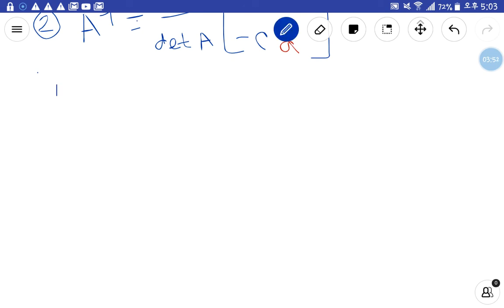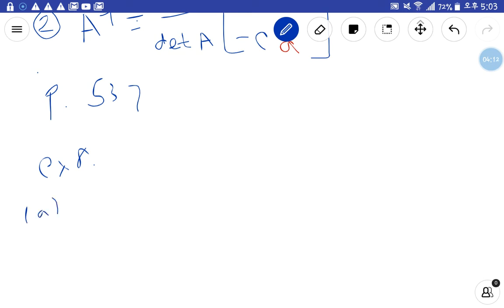I may use this method when I work with example 8. So please go on to page 537 to work on example 8 together. Example 8: determine whether the matrix has an inverse, and if it exists, then find it.